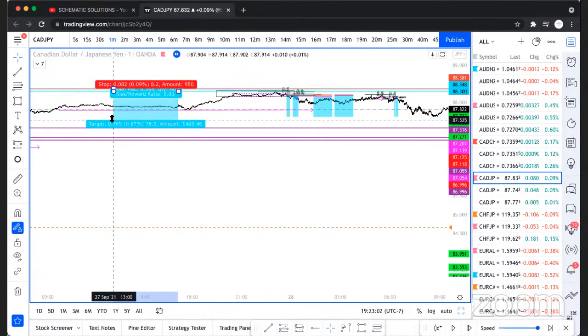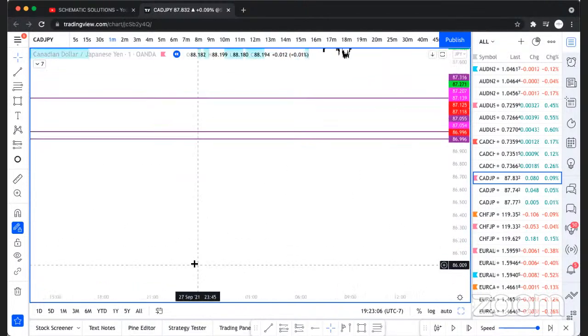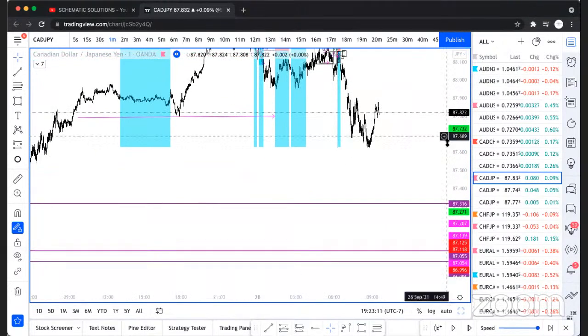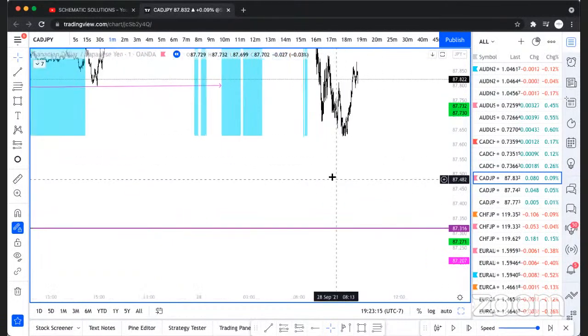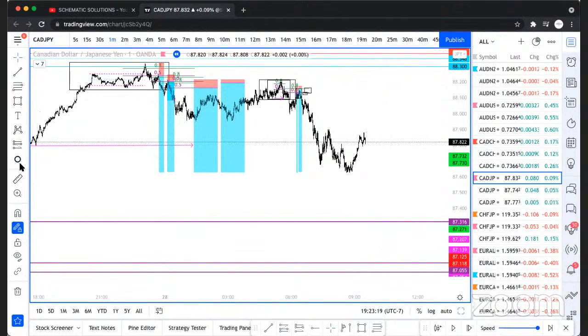Challenge pass. Man, quick. And this is a 1 to 8. So yeah, you challenge pass risking 0.25%. So boom, we've taken 2 partials so far. We're obviously risk free, and now we're looking to see if we can get another entry, right?